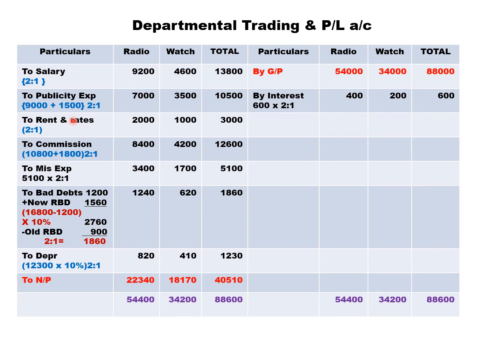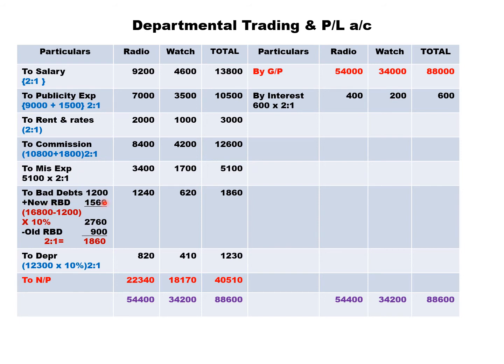So we have two publicity expenses, one given in the trial balance and the other given in the adjustment. Both you should distribute in 2:1. Rent and rates 2:1. Commission you should distribute in 2:1. We have two commissions, the one given in the trial balance and the commission given in adjustment as outstanding. Both you distribute in 2:1. Miscellaneous expenses distribute in 2:1.